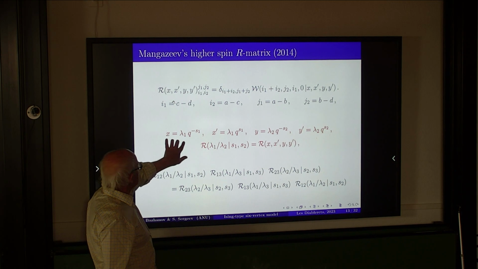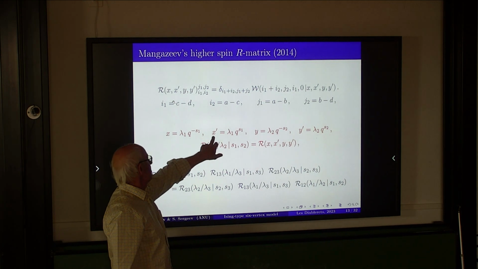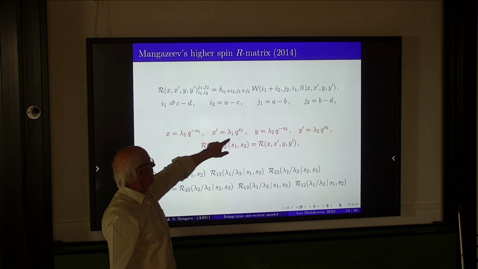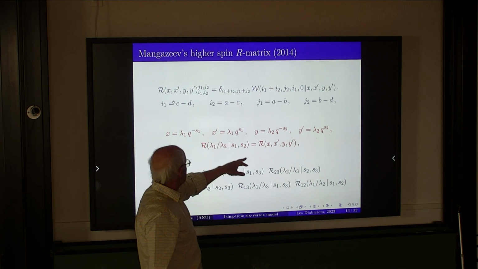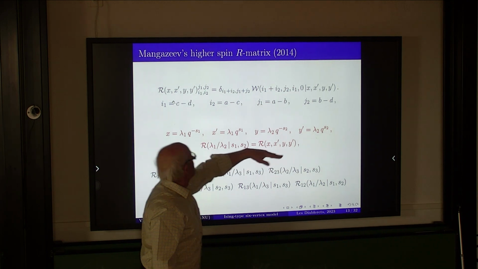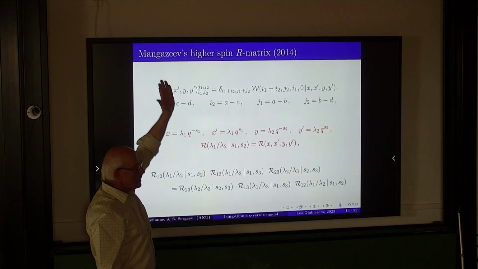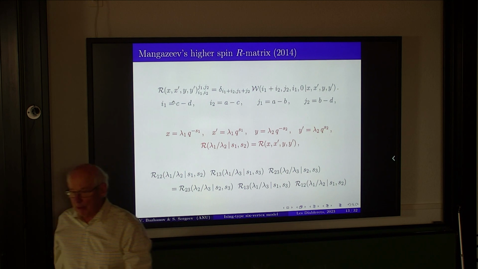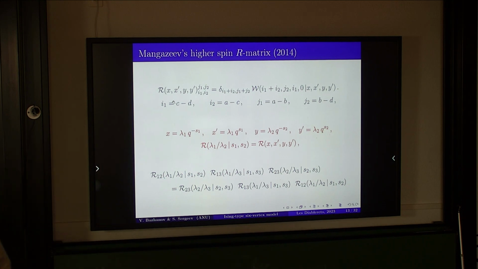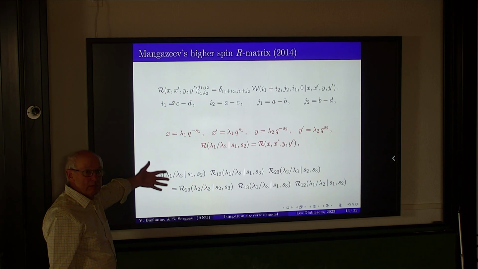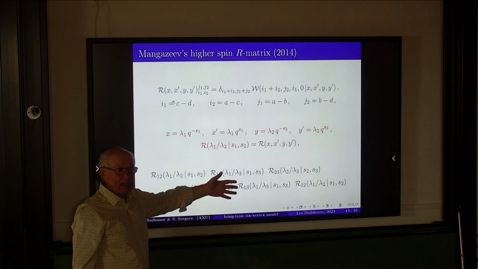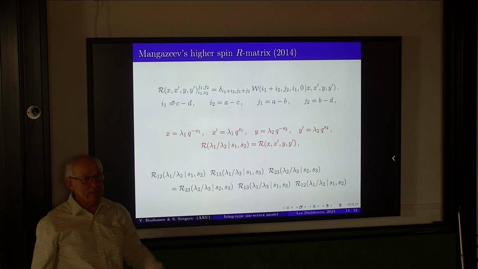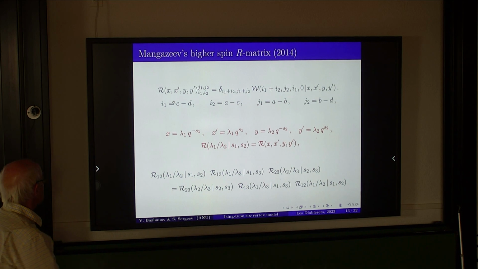The ratio of these spectral variables, x prime divided by x, is related to S1. So basically what I introduced is Mangazeev's R matrix, somewhat trivially. And we know from the construction, and Mangazeev proved this, that it satisfies the Yang-Baxter equation. So that will be the Yang-Baxter equation for that W.